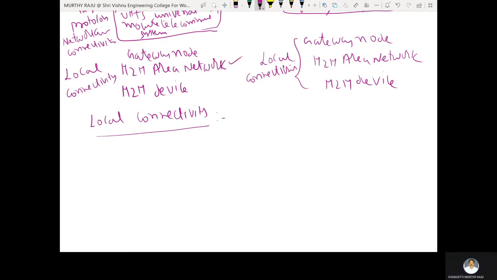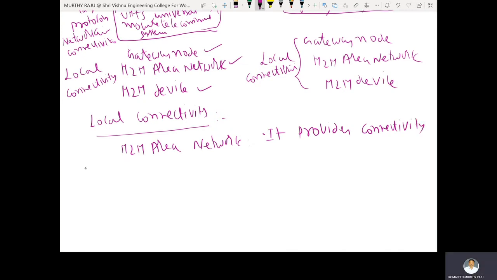Here the main one, the M2M area network, provides the connectivity between M2M devices and the M2M gateway.